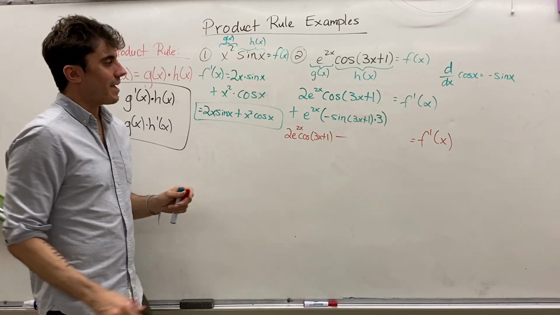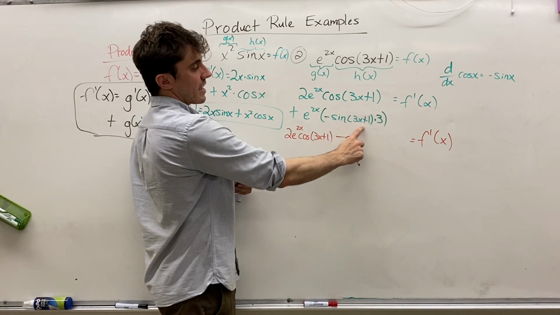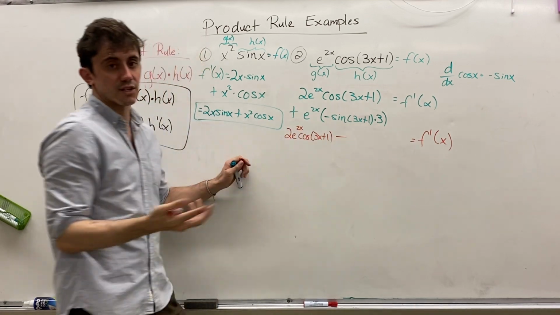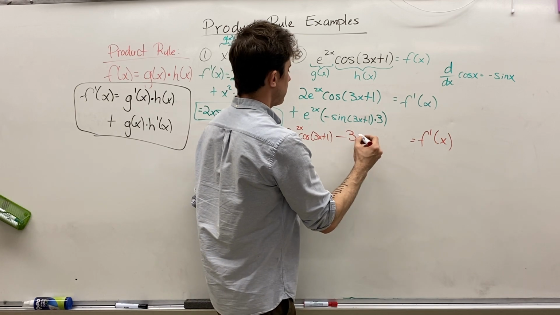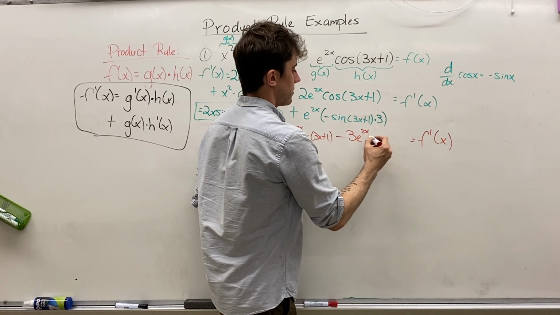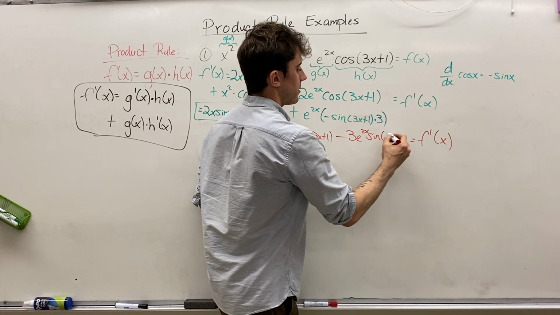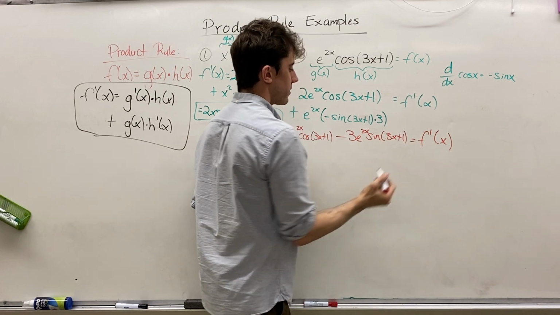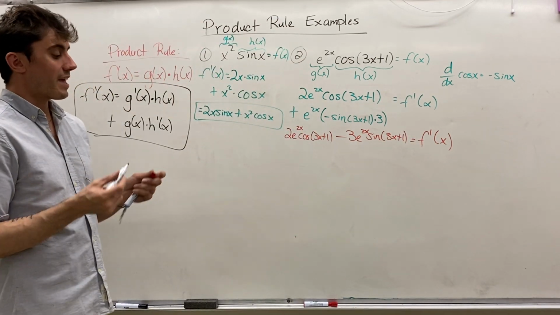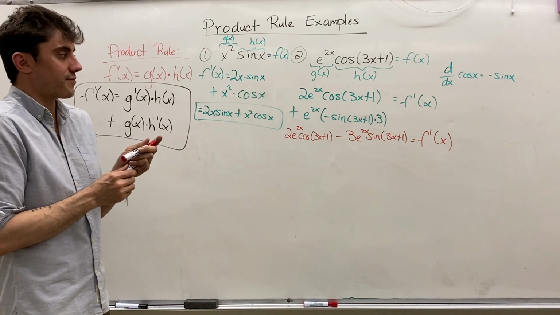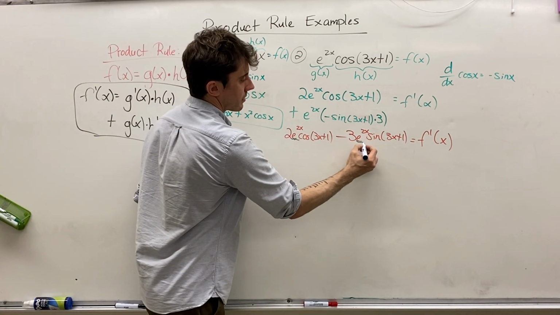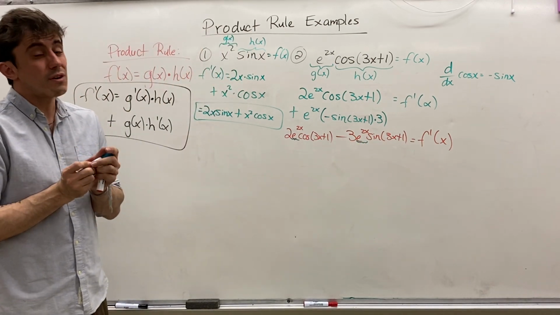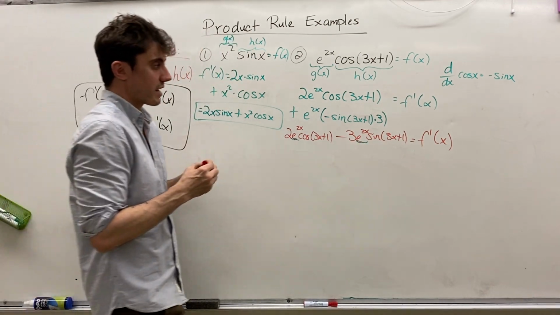And I'll bring the 3 that came out of the chain rule out front and act as a coefficient, because that's a standard thing that we do. So we'll have minus 3 e to the 2x sine of 3x plus 1, okay? And now we could even go so far as to factor out an e to the 2x, right? We don't absolutely have to, but it is something that I would recommend doing.